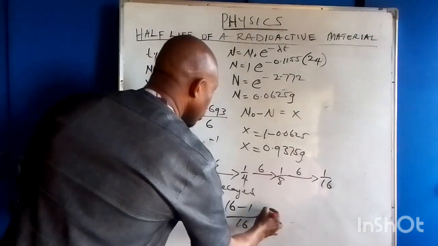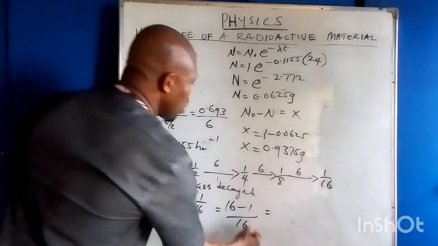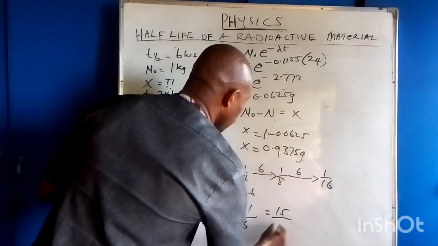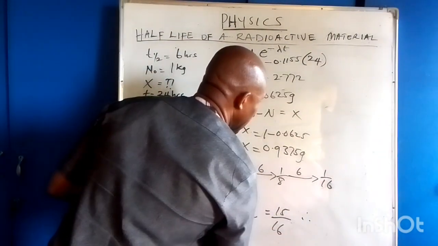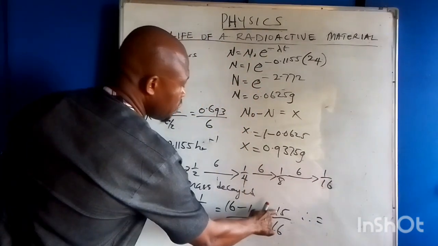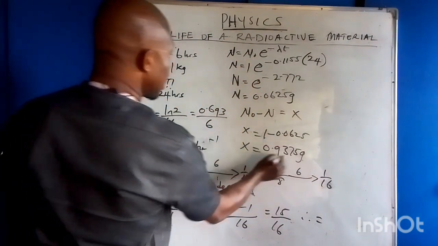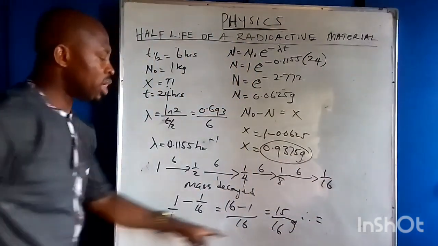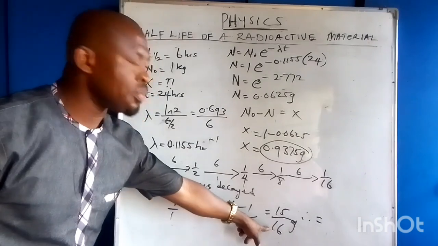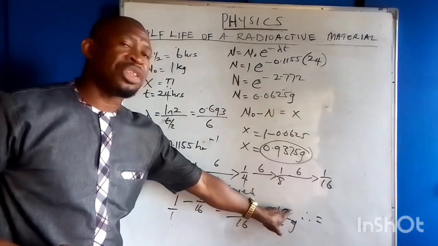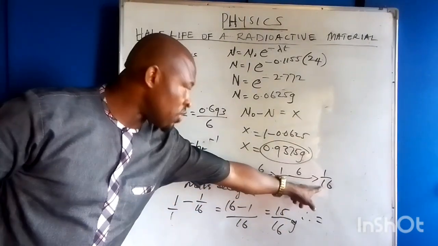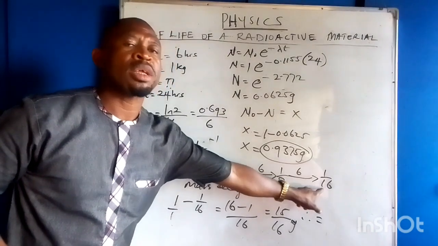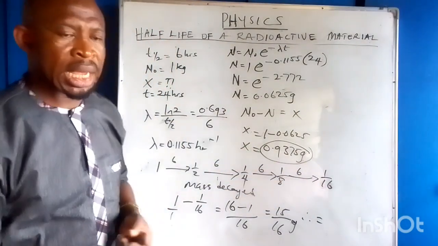So 16 minus 1 will give us 15/16. Therefore, this 15/16 is the fraction that has decayed. This is the fraction remaining. So we should always take note of this.